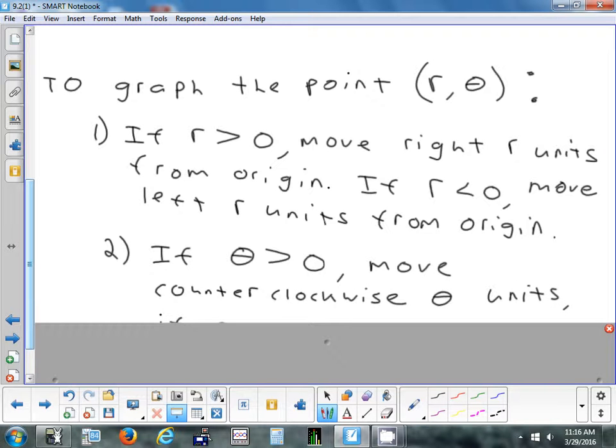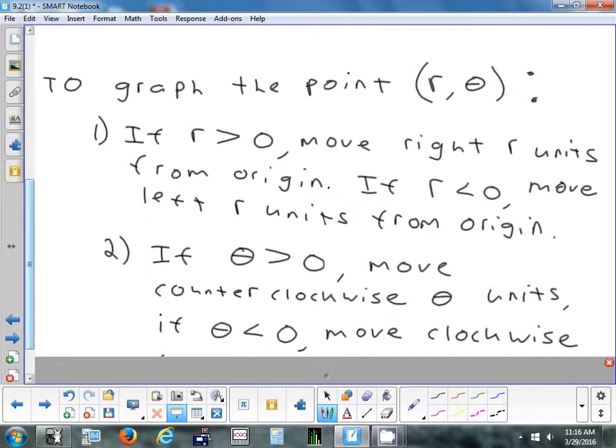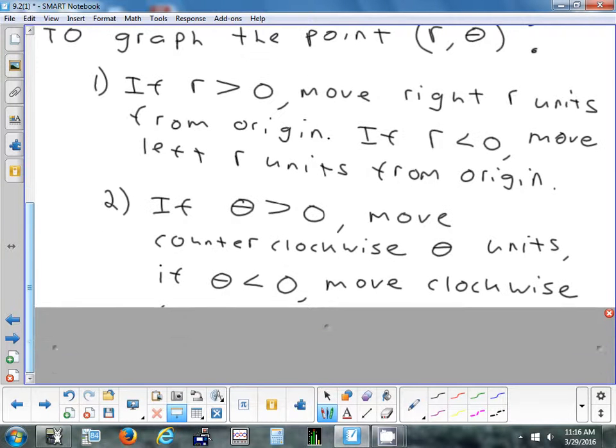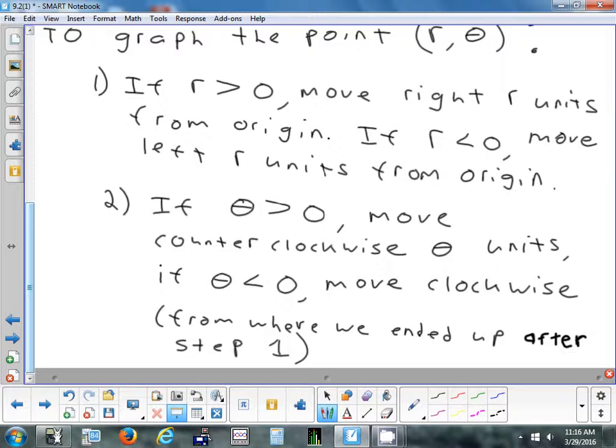Okay, so positive angle, you're going to go counterclockwise. Negative angle, you're going to go clockwise. Okay, and you do that from where you ended up in step 1. Okay, so after step 1, you're going to either have moved left or right, and then from where you moved, then go whatever the angle is, clockwise or counterclockwise.